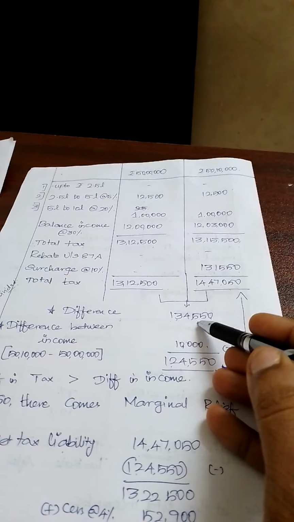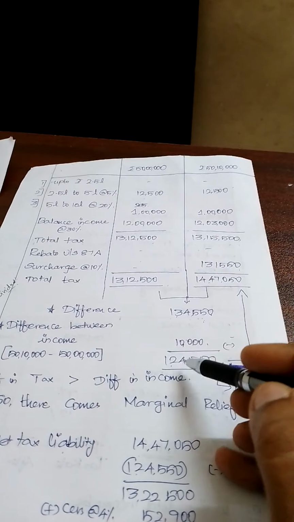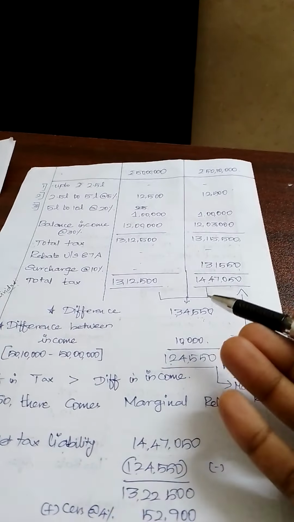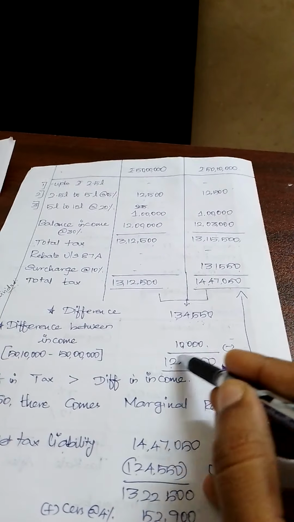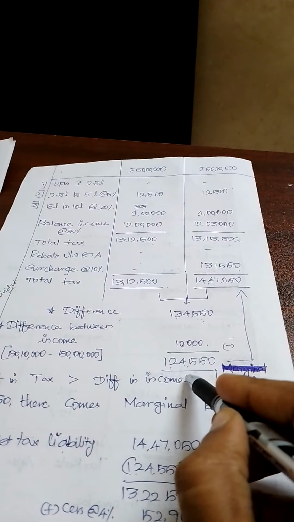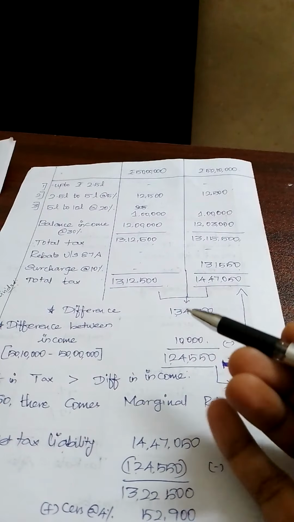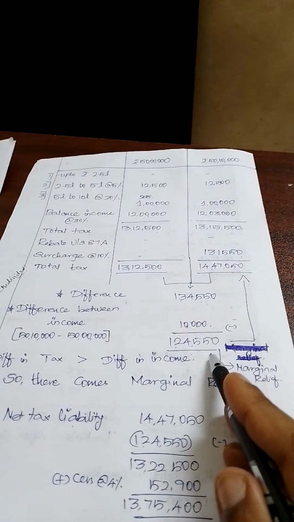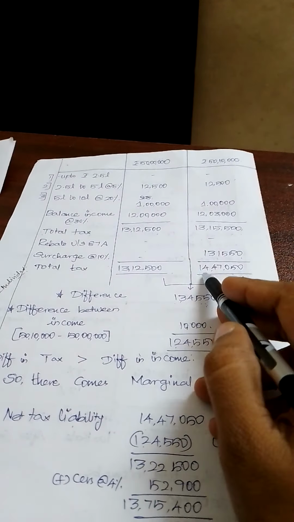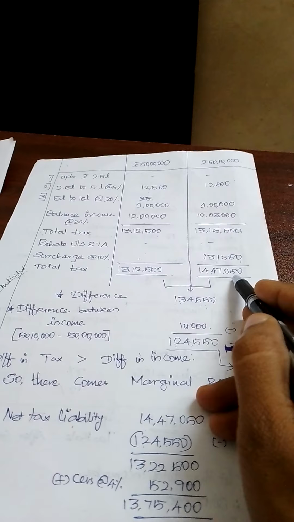We deduct these two amounts, the difference in income and the difference in taxes. This difference will be the marginal relief, a relief given marginally to reduce your tax burden. This marginal relief will be deducted from the total tax amount.